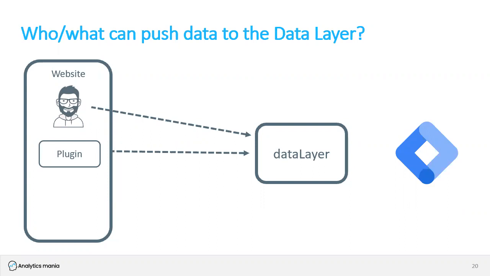Like, for example, in this case, we have WordPress, and in WordPress, there's a plugin called Google Tag Manager for WordPress. So when you install this plugin, or when your developer installs this plugin, then you can get some additional data about the product, about the user who has logged in, and all the other useful stuff.